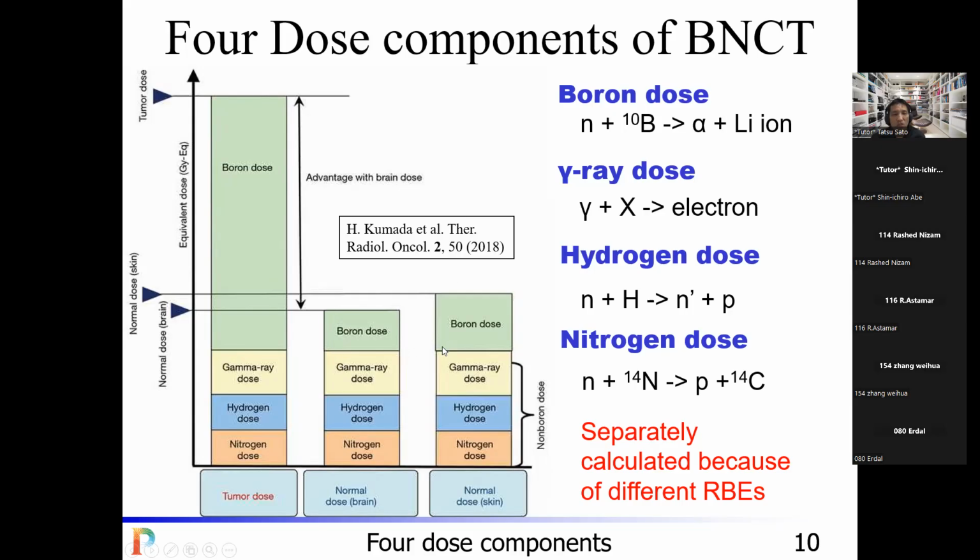Even if every part gets the same absorbed dose, except for the boron component, only the tumor gets a high dose like this. That's why we can use BNCT as a therapy. Okay.